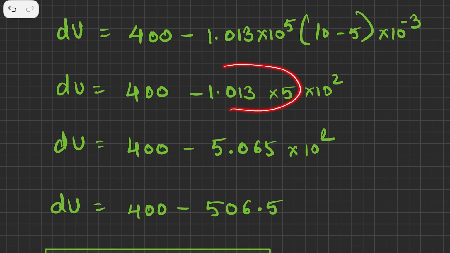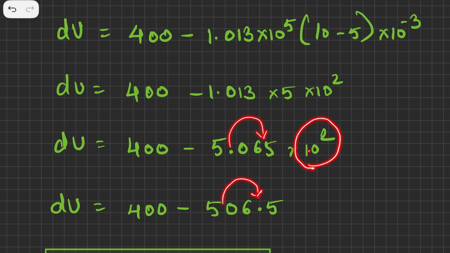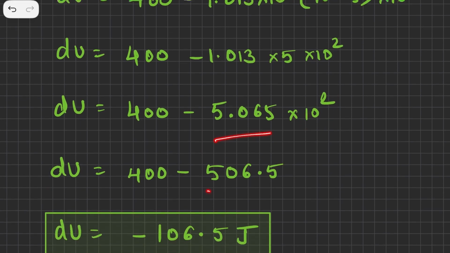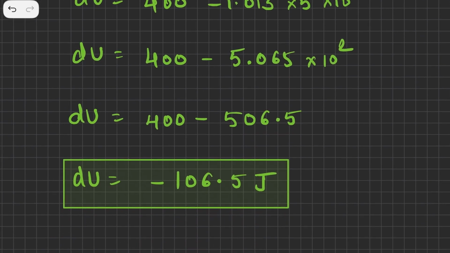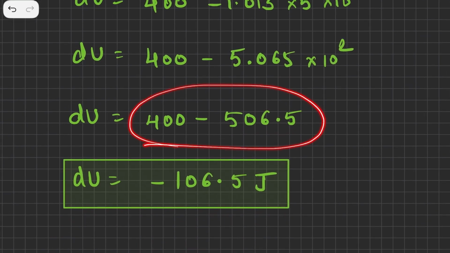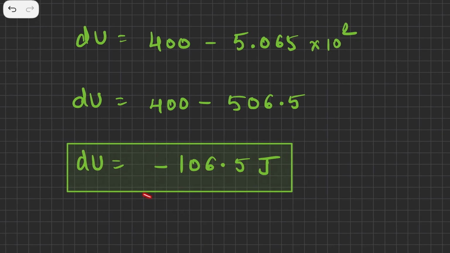Then just a multiplication, 5 into 1.013 will give me 5.065, and 10 raised to 2 is basically 100, and when you multiply by 100, the point shifts to the right side, so 5.065 becomes 506.5. Then it's a basic subtraction, 400 minus 506.5 will give me minus 106.5 joules.